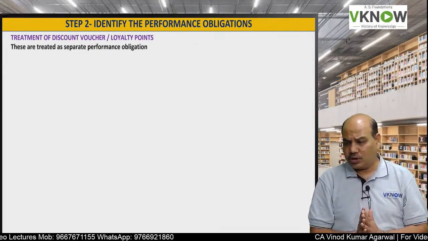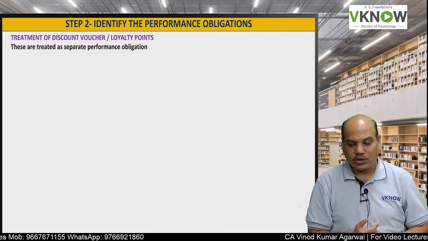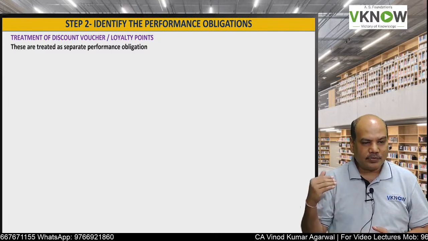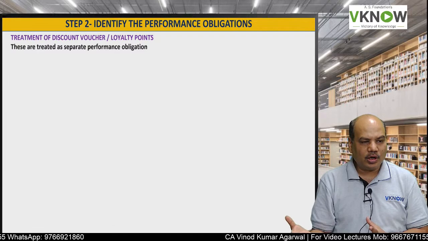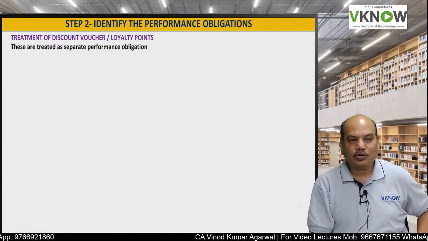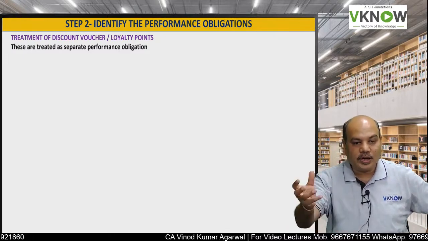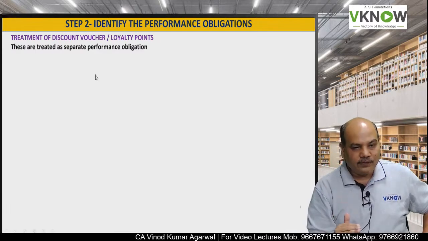One typical question comes in the exam about the accounting treatment of discount voucher or loyalty points. Nowadays when you go to a shopping mall or even online, when you buy something you also get a discount voucher, coupon, or loyalty points which you can redeem at a future date. So what is the treatment for that?